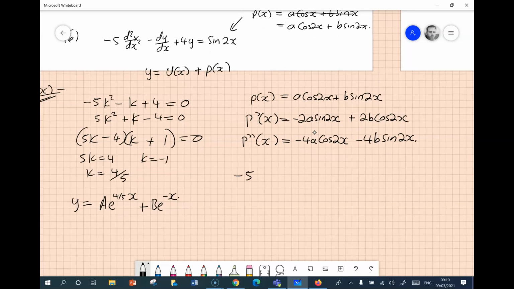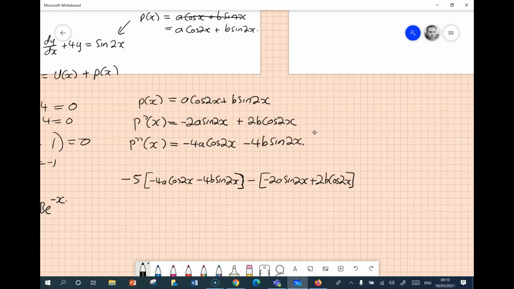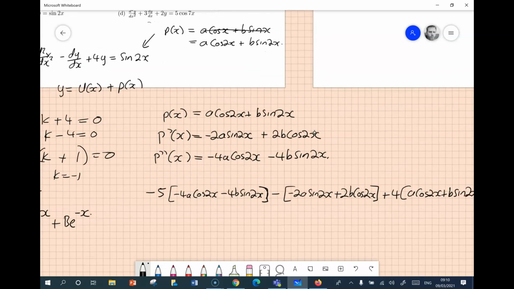So I have minus 5 times the second derivative, which in this case is minus 4a cos 2x minus 4b sine 2x, minus the first derivative, which is minus 2a sine 2x plus 2b cos 2x, then plus 4 times the function itself, so 4 times p of x, and that's all equal to the right hand side, which is sine 2x.